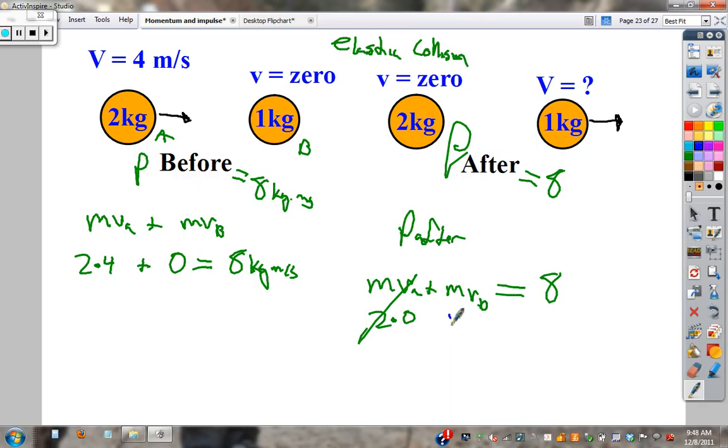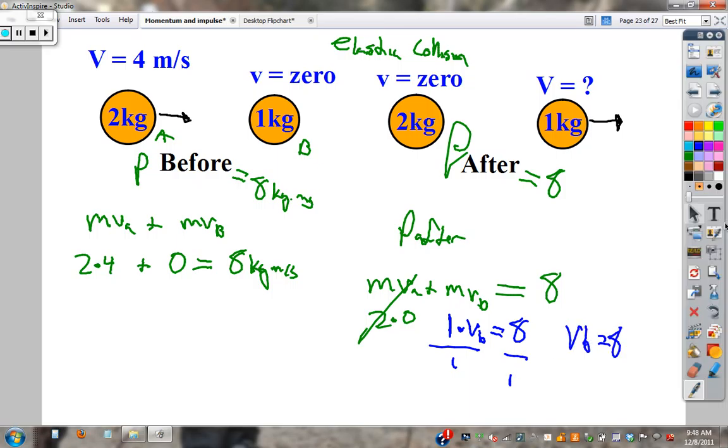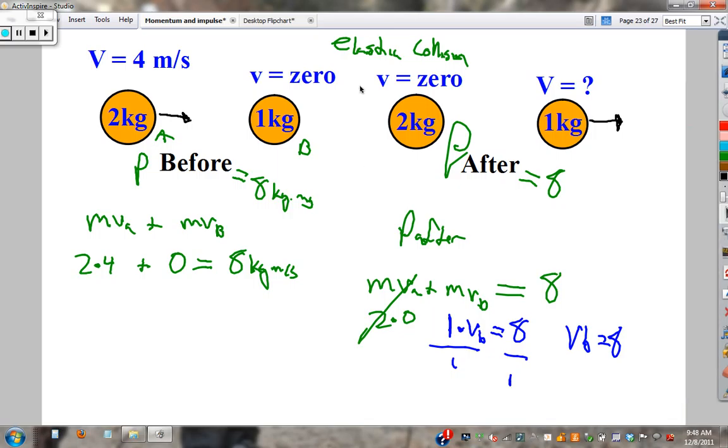And now we've got 1 times velocity B equals 8, divide by 1, divide by 1. Velocity B equals 8. Okay, there's some practice problems called conservation of momentum inside the handout section of the momentum tab. Good luck on your test tomorrow.